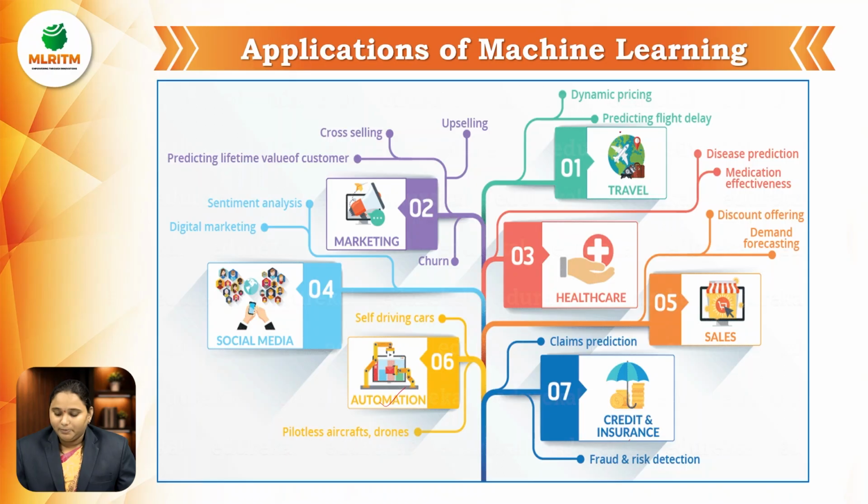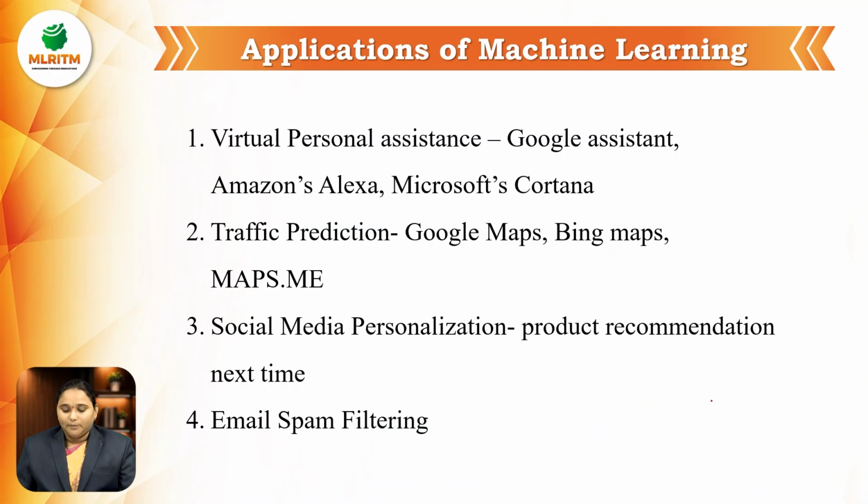In traveling, predicting flight delays and dynamic pricing. Next, in healthcare, disease prediction and medication effectiveness. And sales is discount offering and demand forecasting. Credit insurance is claims prediction and fraud risk detection. In the applications of machine learning, we have virtual personal assistants, which are Google Assistant and Siri.